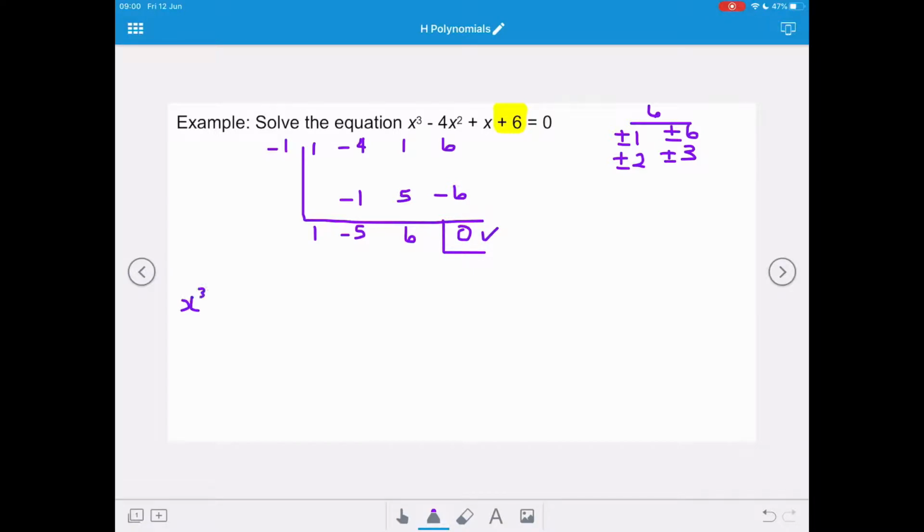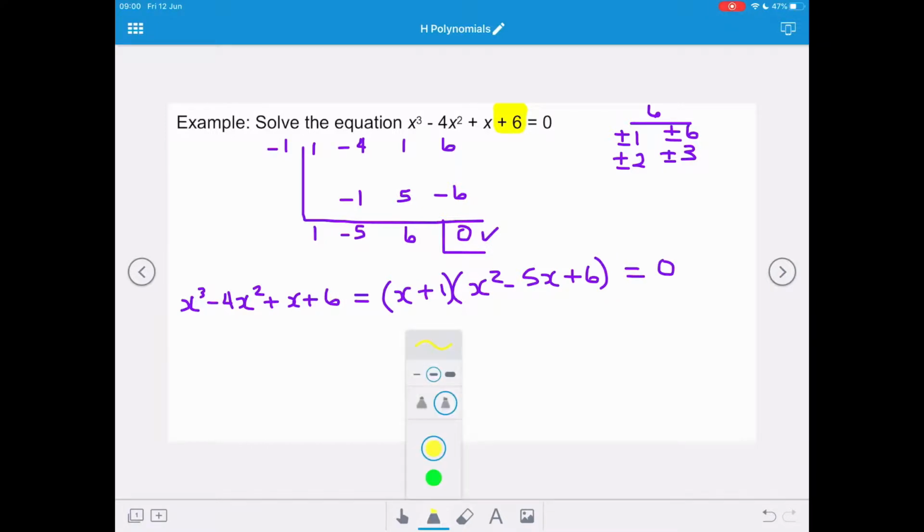So we need to write down x cubed minus 4x squared plus x plus 6 equals, and our factor is going to be x plus 1, and our quotient is x squared minus 5x plus 6, and that's going to equal 0.